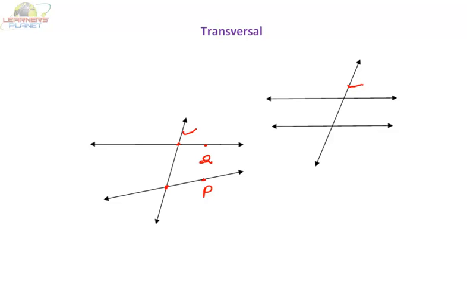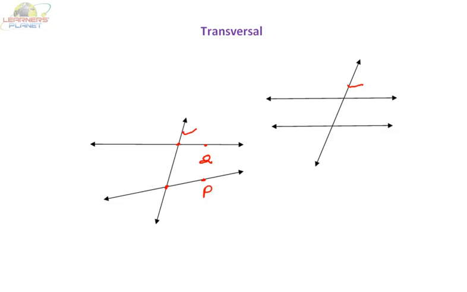Now we will be discussing angles made by a transversal with the two lines. Now there are various angles formed when a transversal intersects two lines. We can call them corresponding angles, exterior angles, co-interior angles, alternate interior angles, alternate exterior angles.